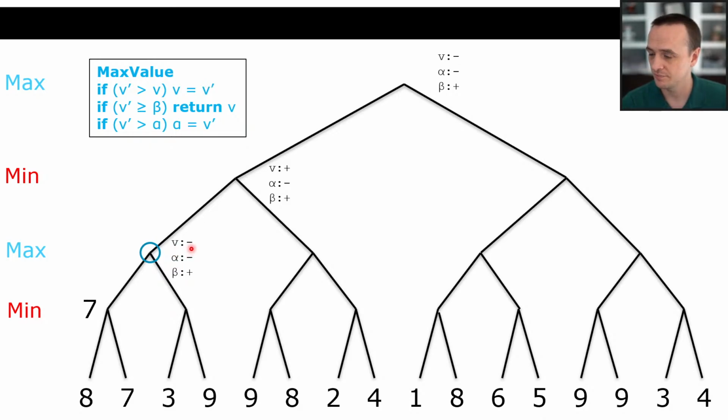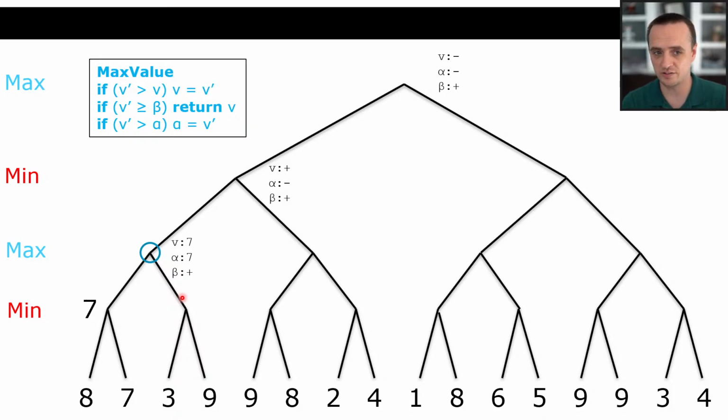Yes, it is. Is it greater than or equal to beta? Beta is positive infinity. No, it's not. Is it greater than alpha? Well, alpha is currently negative infinity, so yes, it is. So that's what we set. This is the result of applying this with 7 to our current values. And now we look here.